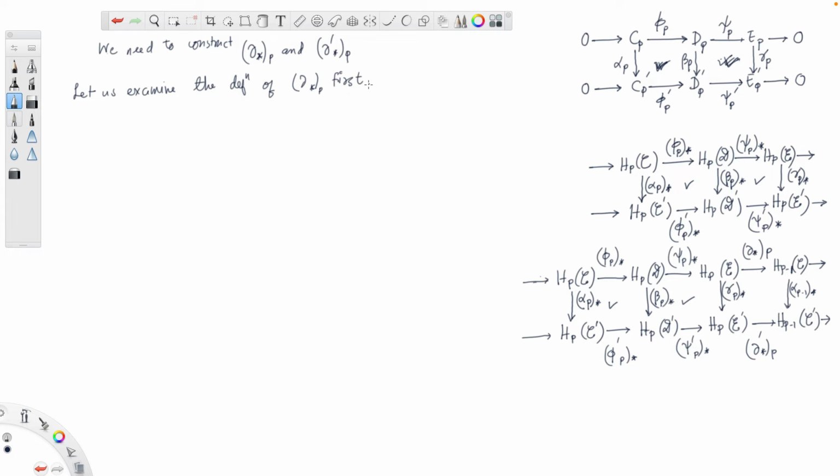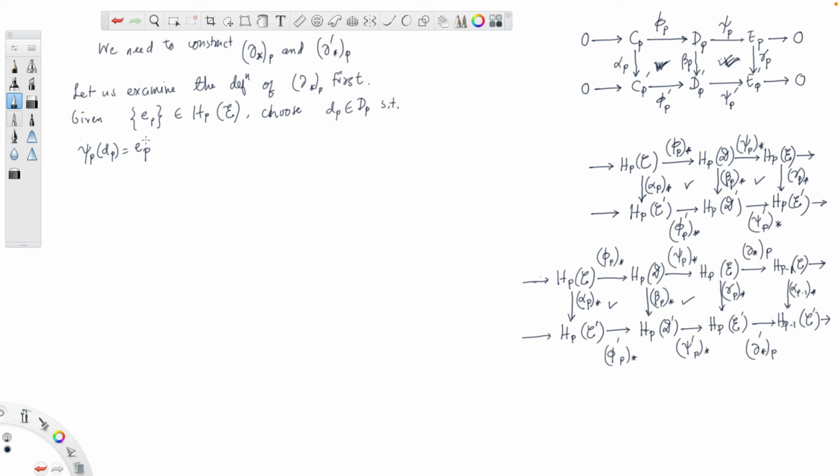So given this class of ep in the pth homology group of the chain complex E, choose dp in the abelian group Dp such that psi p of dp is equal to ep.